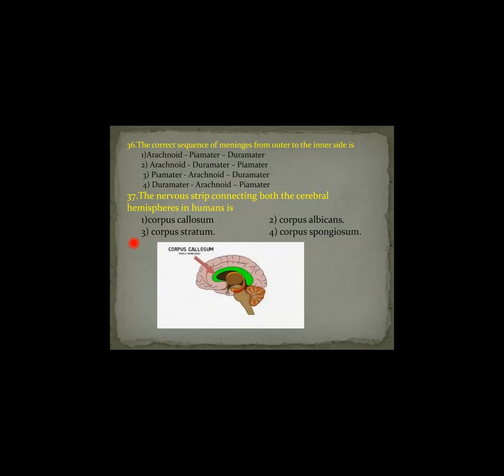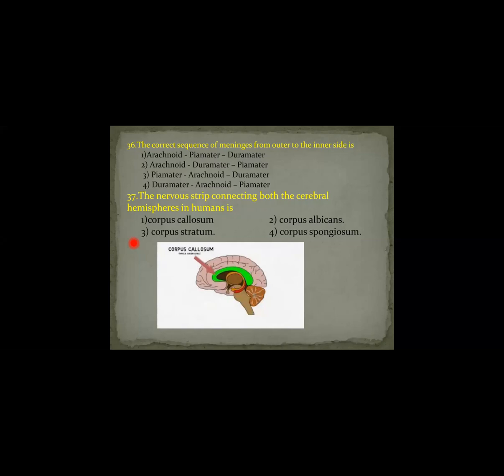Next question. The nervous strip that connects both the cerebral hemispheres in the human. As you know, the cerebrum is divided into two identical parts called cerebral hemispheres.